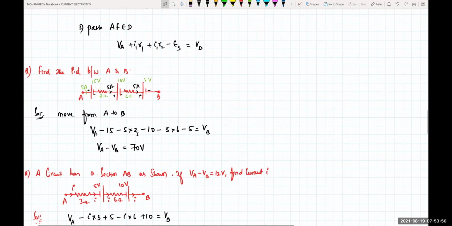So it is minus 5 into 2. Why minus? Moving in the same direction of the current, because I'm moving from A to B. Again a cell is coming in between, and I'm ending at the minus terminal, so it is minus 10. Again, in the same direction of current, 5 here, resistance is 6, so 5 into 6. Again a battery is coming in between, so it is minus 5. That is equal to VB. So simplified, we get VA minus VB.